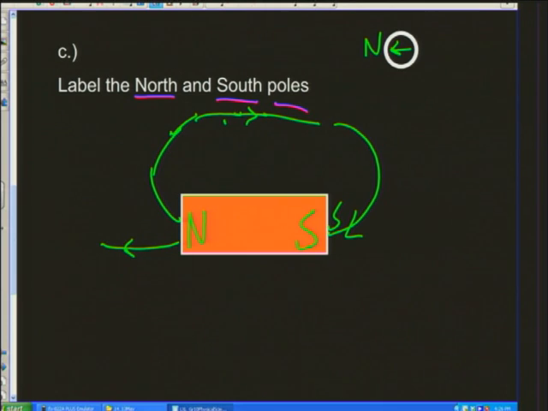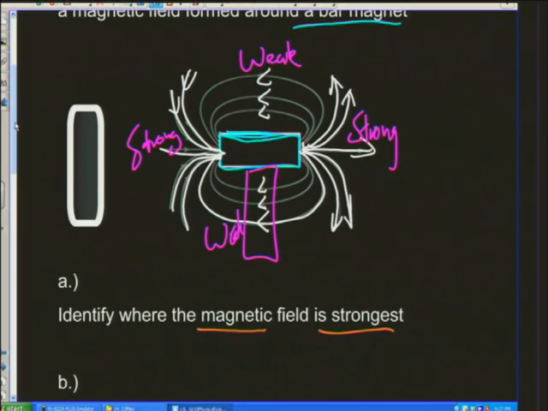So that's north and that's south. It goes away from the north, and it comes in at the south. Away from the north and in at the south. So if we go back to our drawing over here, where is it going in? It's going in at this point over here. So that end is south. It's going away from the north. So we've labeled the magnetic poles according to that principle.